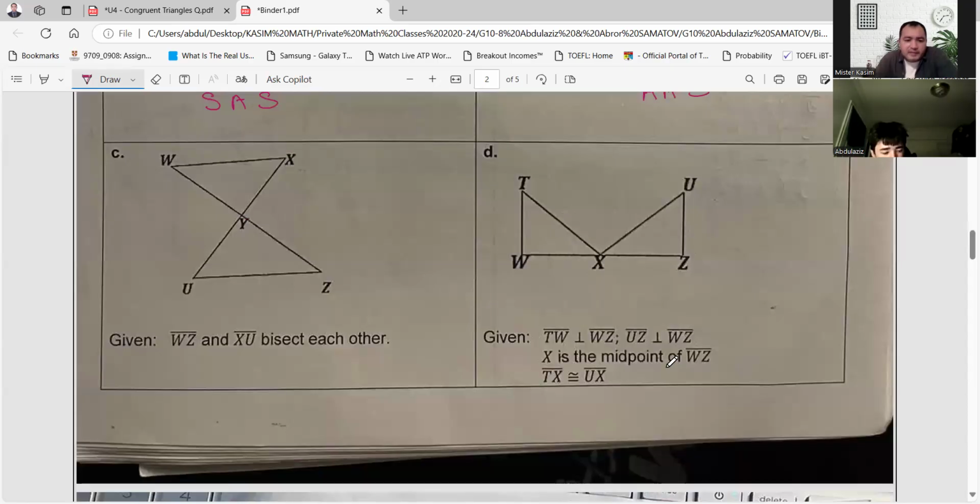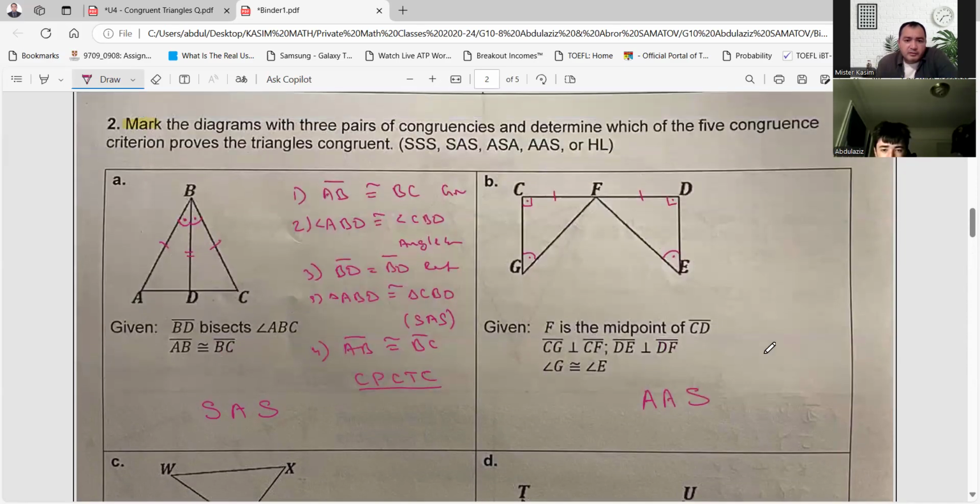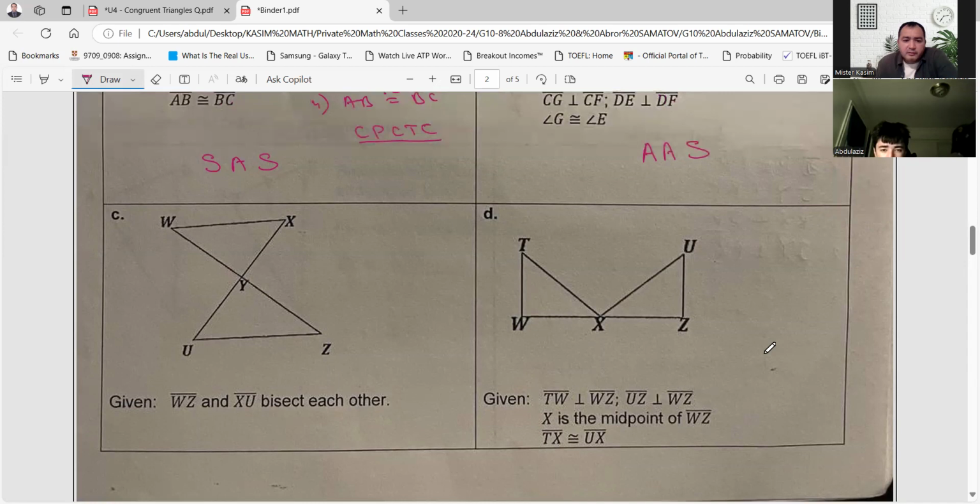And next, C. Given that WZ and XU bisect each other. But one more thing should be given here. WZ and XU, they bisect each other.